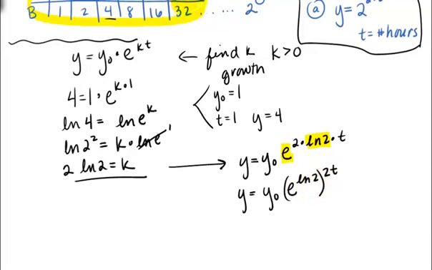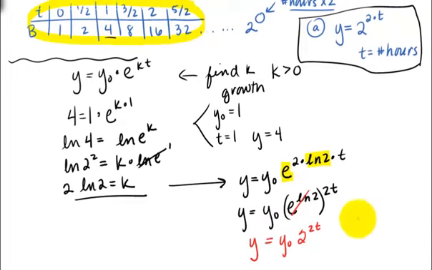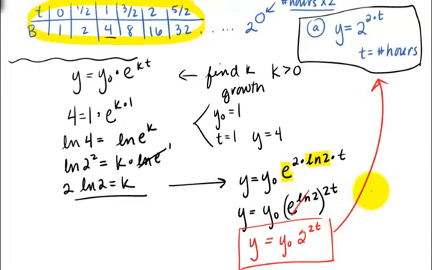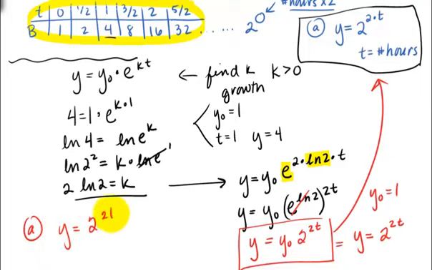And this turns out to be y naught times 2 to the 2t equals y. And if you look at what we have up here, this is going to match, because remember, our y naught equals 1. So this turns into y equals 1 times 2 to the 2t power, or 2 to the 2t power. Alright, so we've got our part A. Our part A, we've got y equals 2 to the 2t power.